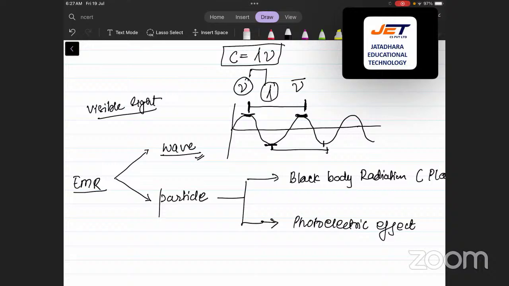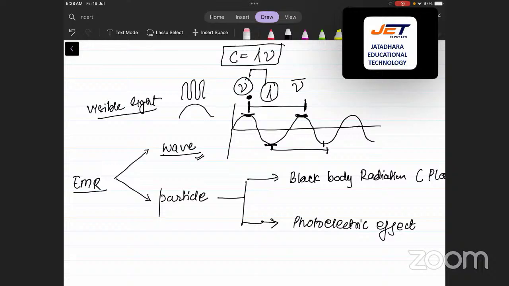Yes. So Gayatri says that the frequency is the number of waves that are passing through a particular point per second. The shorter the wave, the more waves will be passing through the particular point. If the wave is longer, then the number of waves passing through this point will be less.